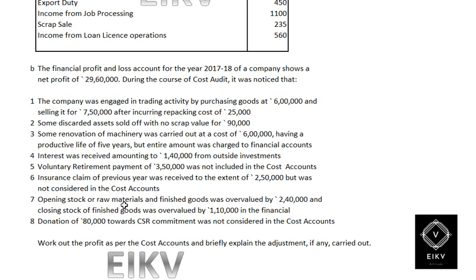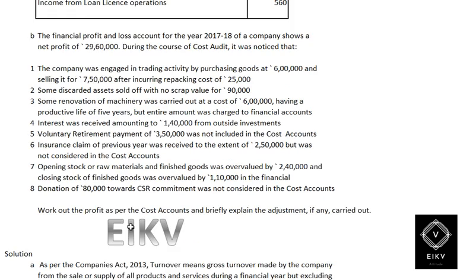And also they have given opening stock of raw materials and finished goods, overvalued. Opening stock overvalued is 2,50,000, and when we check the closing value, it is also overvalued for rupees 1,10,000. The donation paid for CSR activity is 80,000.